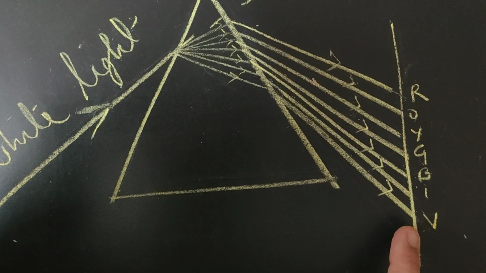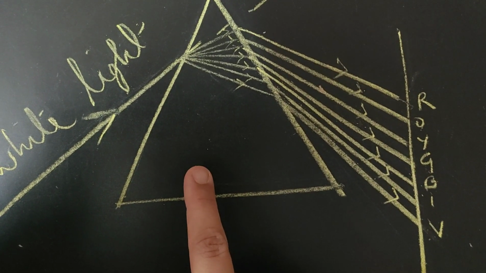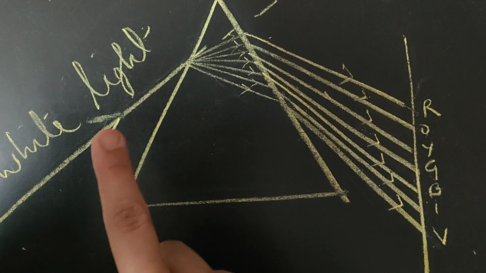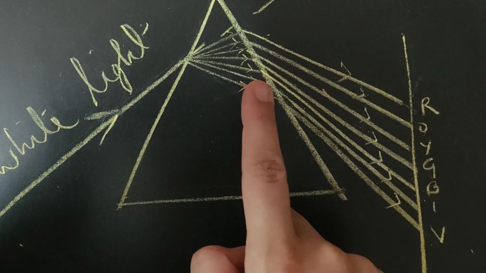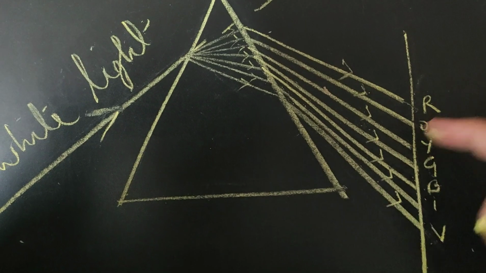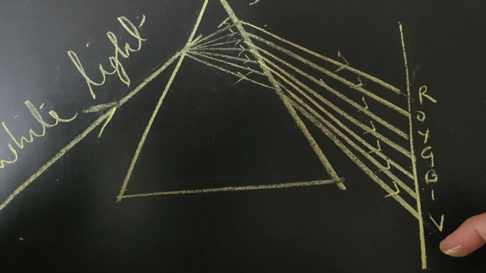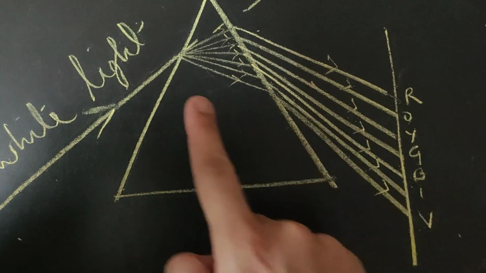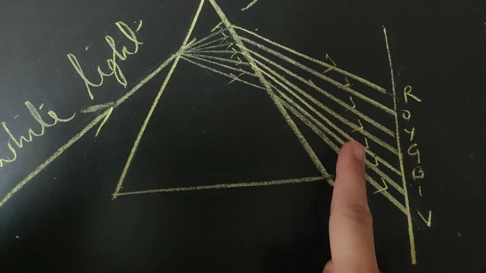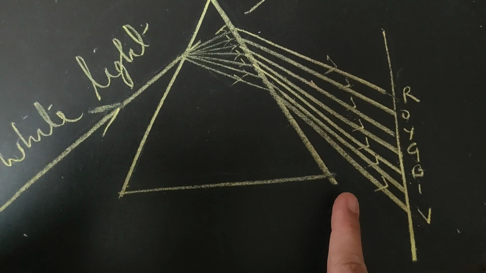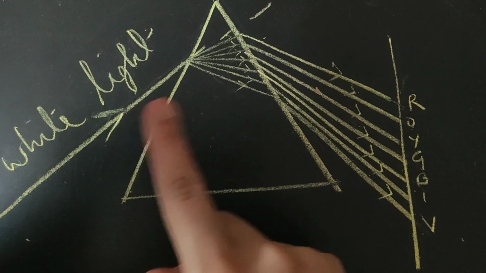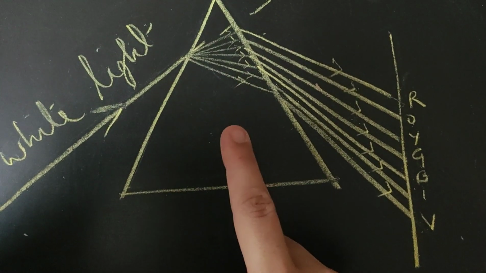I again repeat that the refractive index of a media depends on the incident light's color or wavelength. So different wavelengths, different colors have different bending, different refractive index. The same prism is behaving differently for different colors. And this is the reason why white light splits when it enters a glass prism.